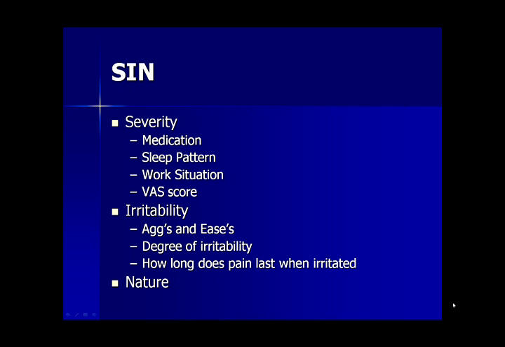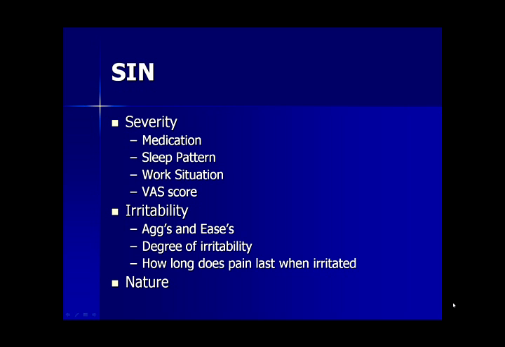And this, as mentioned before, is determined through their easing factor and the behaviour of the symptoms. So when they have irritated their condition, how long does it take to ease afterwards? Does it take a few minutes, in which case the irritability is low? Does it take a few hours, in which case there is moderate irritability? Or does it indeed take to the end of the day, in which case it would be high irritability?